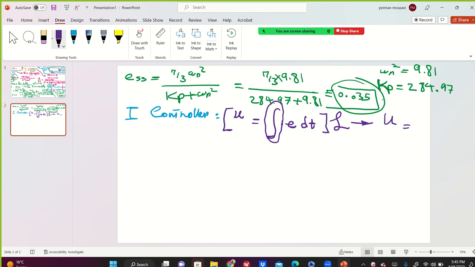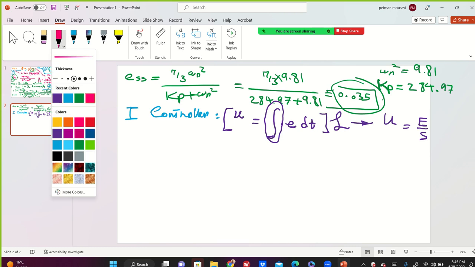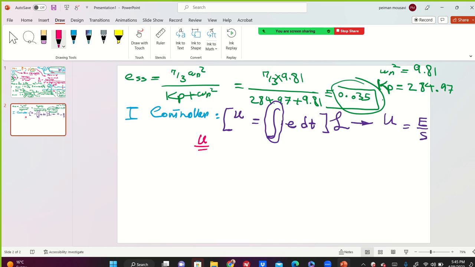So it's going to be what? E over s. Or simply U over E is 1 over s. But we add again Ki to tune it: Ki over s.